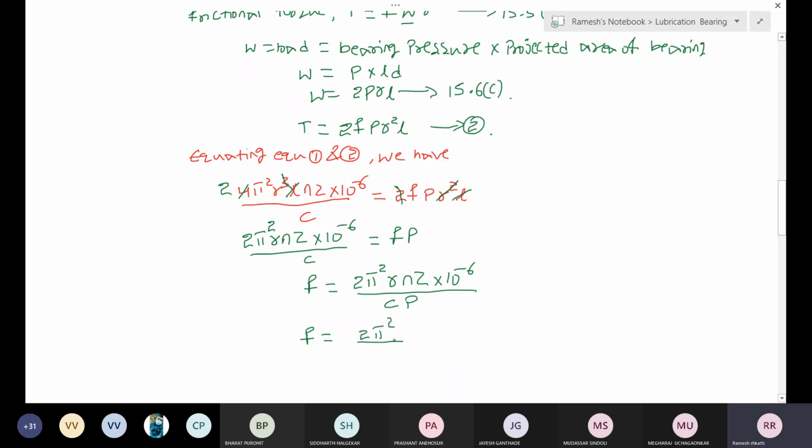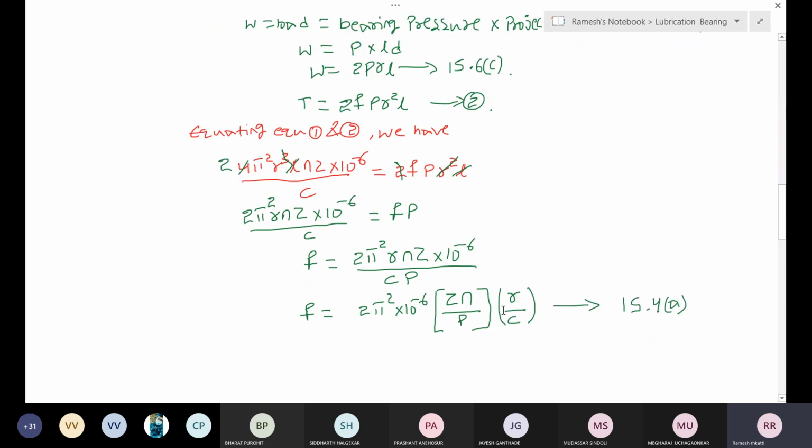2 pi square into 10 raised to minus 6 into Z into N divided by P, multiplied by the remaining thing, R by C. This is the Petroff's equation. This is equation 15.48.